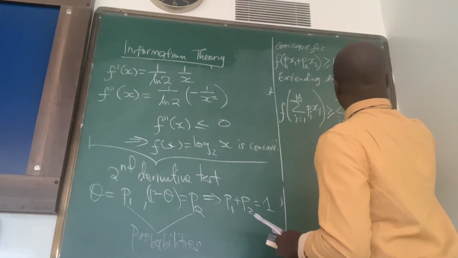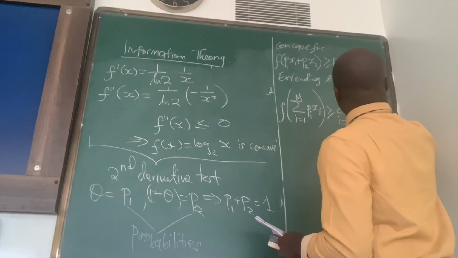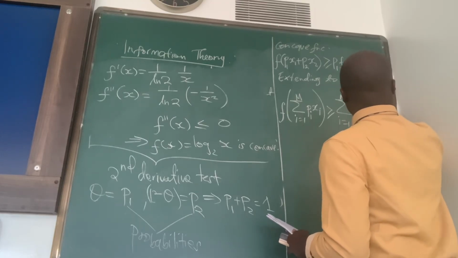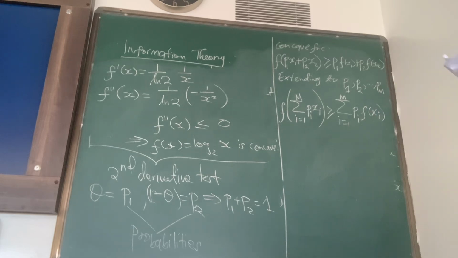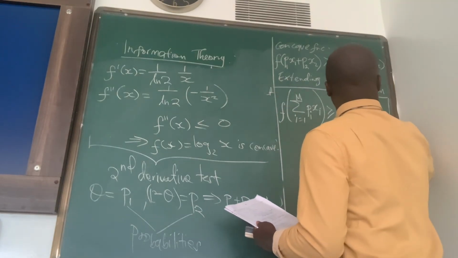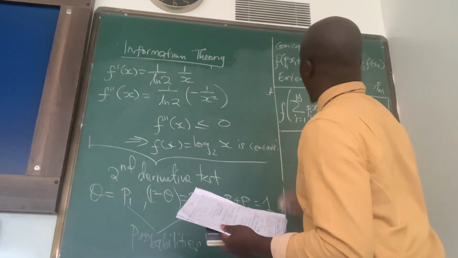So i from 1 to m Pi f of xi. So that's the new version, or the extension. So if you have more than two probabilities, that is your function. I will put this one in a box.